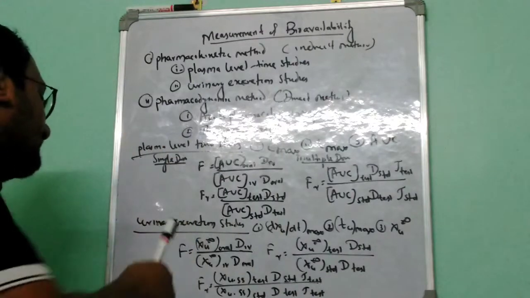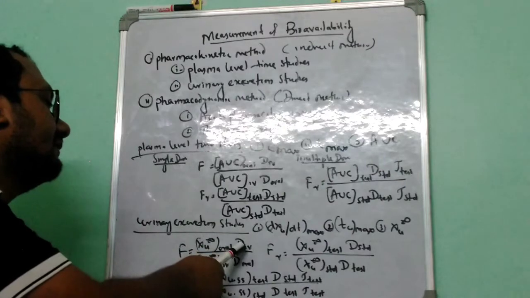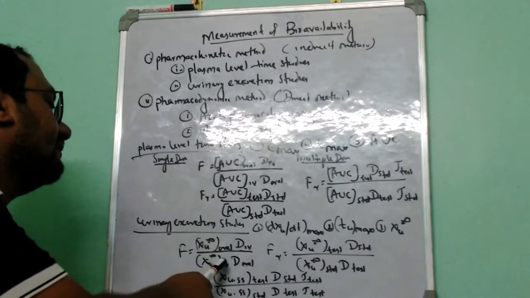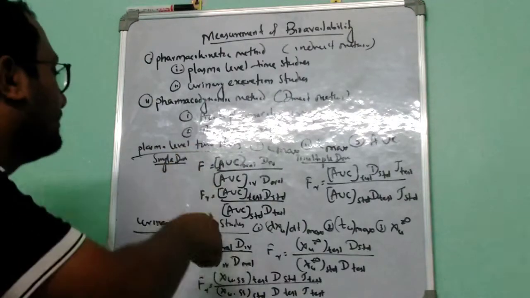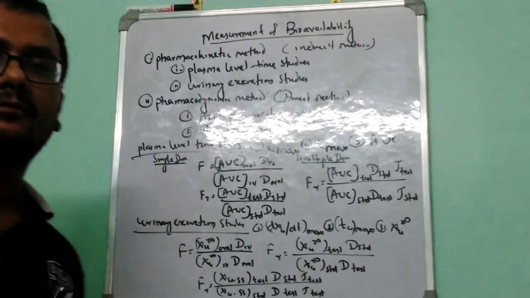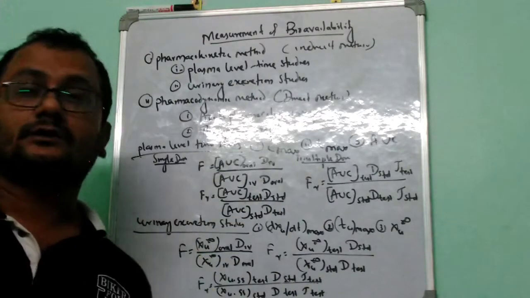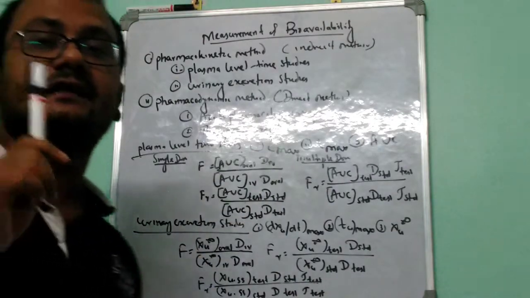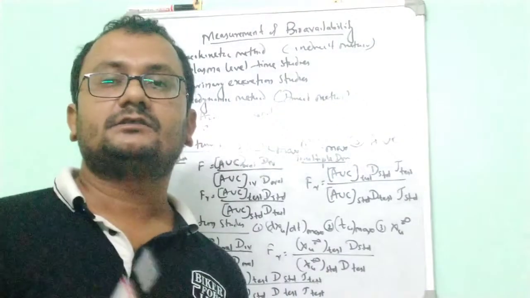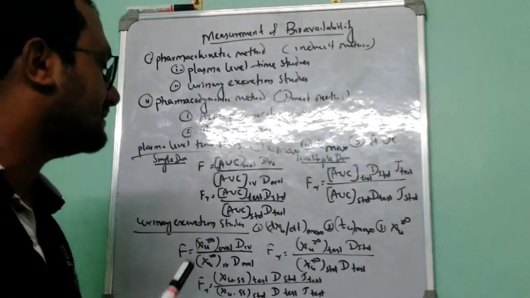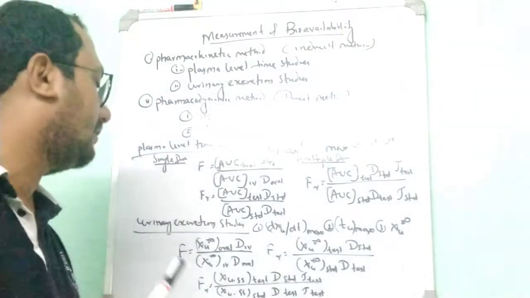For that there is a formula: Xu infinity oral into D IV, divided by Xu infinity IV into D oral. This is similar to the plasma level time profile formula. With this we can also calculate at steady state. Steady state means when the concentration in plasma is maintained. At that particular steady state concentration we can find out the bioavailability term.